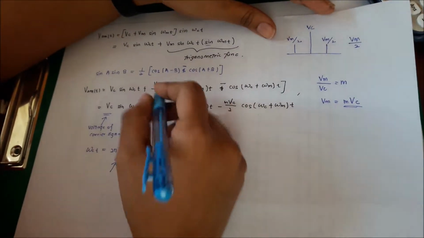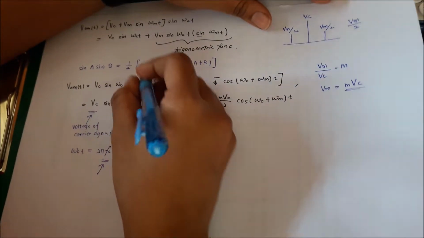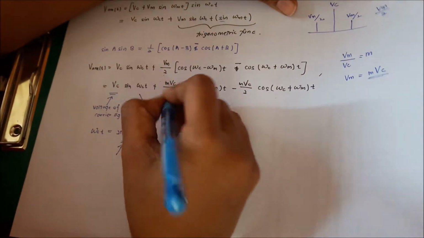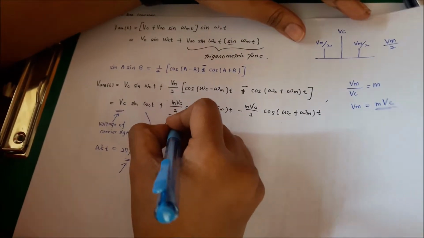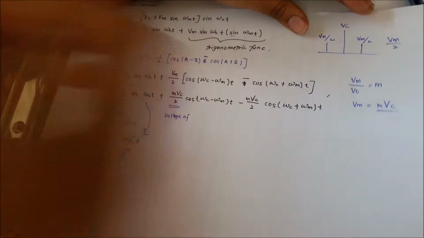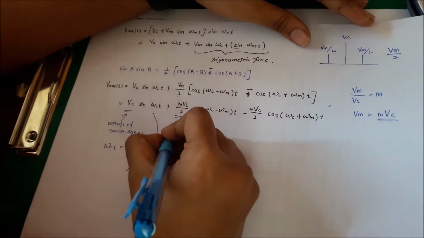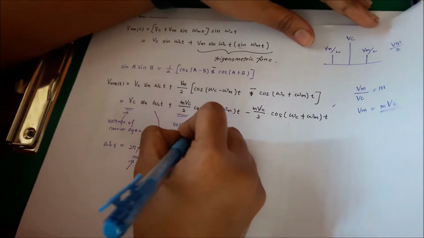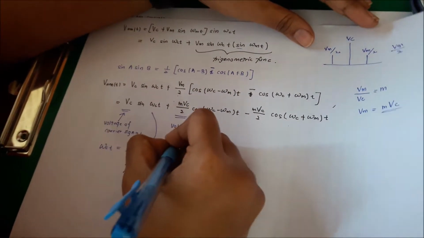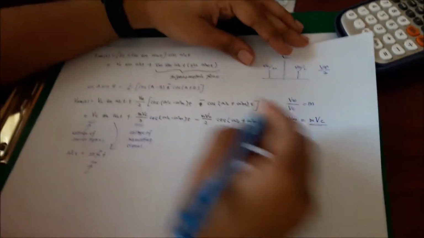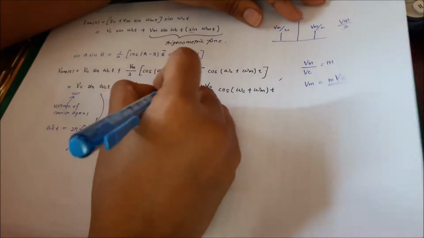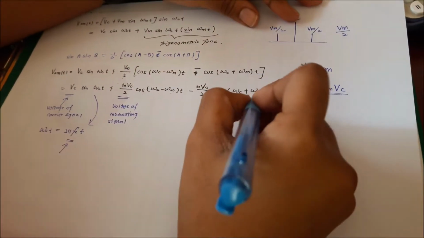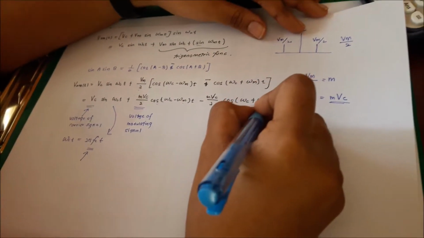Okay, so from this I would know my Vm, or in other words my voltage of the modulating signal. And here this is omega c minus omega m, and if you take a look at this, it is plus.